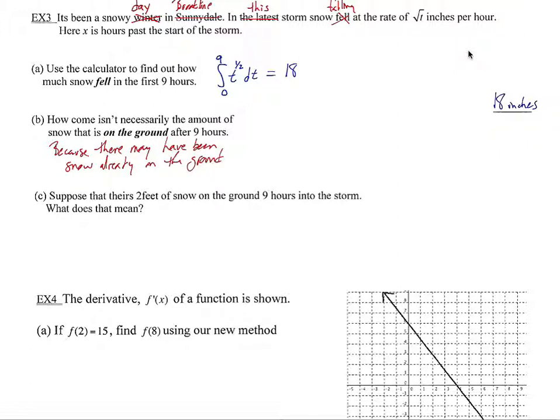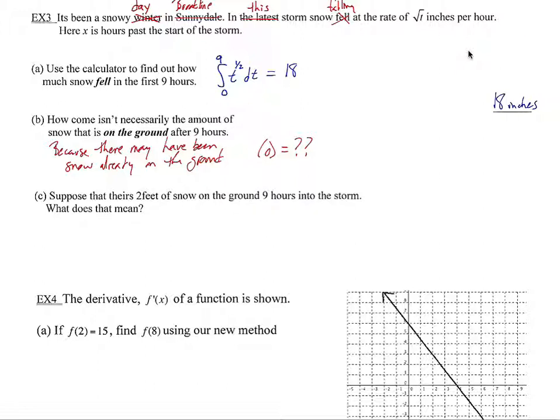Which is to say, we don't know, what are we calling this function? We'll call this function f. We don't know how much snow there was at 6 o'clock on Wednesday morning. All right? But actually, let's not call this function f.